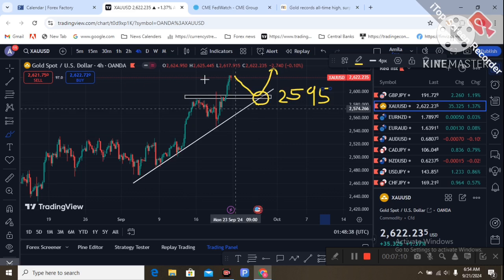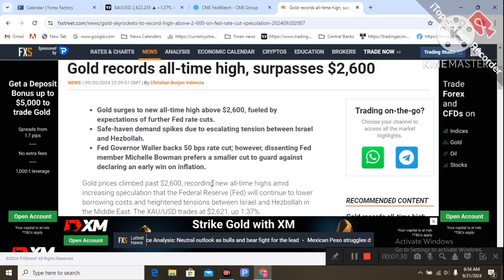The other reason for gold demand, as the FX Street website mentioned, is the geopolitical uncertainty in the market. The presidential election is in November, and the European area also has uncertainty. So gold has safe haven demand, as the FX Street website mentioned.